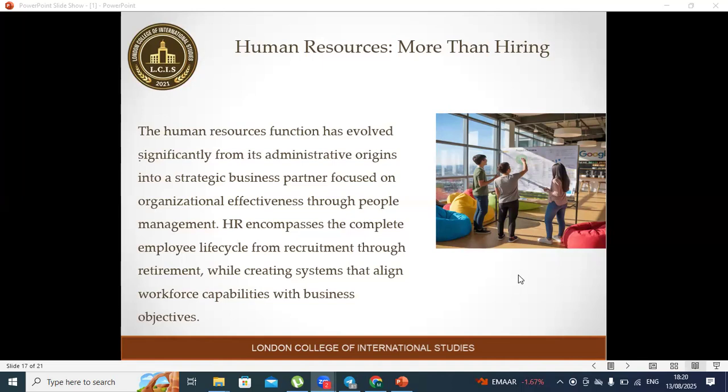HR encompasses the complete employee life cycle from recruiting through retirement. Okay, so they follow the people from the moment they are recruited until they retire, while creating systems that align workforce capabilities and the business objectives. So I have to make sure that the people working in the company meet the business objectives.